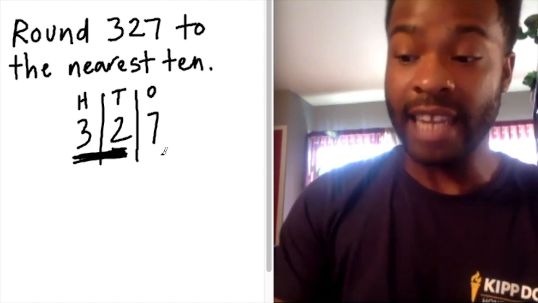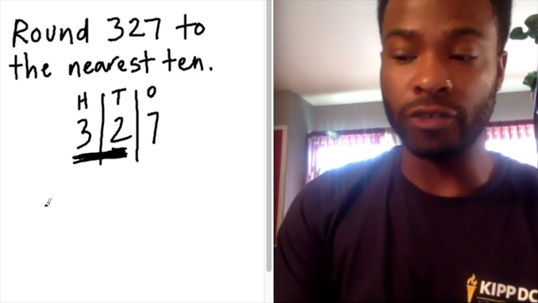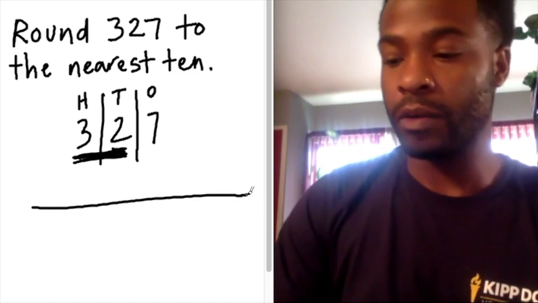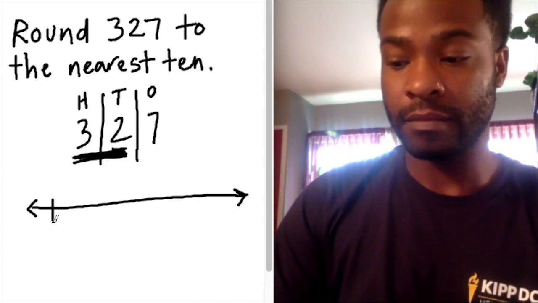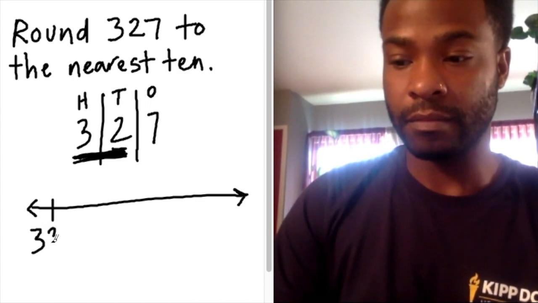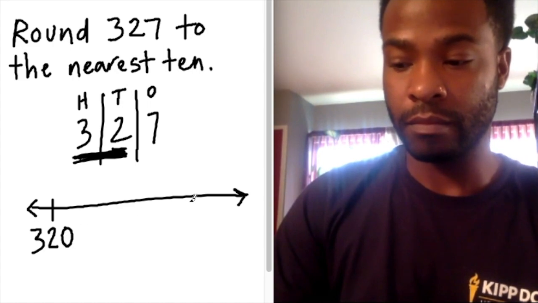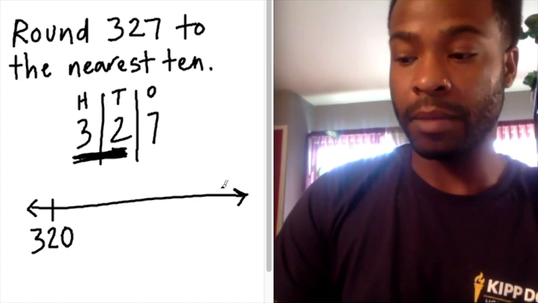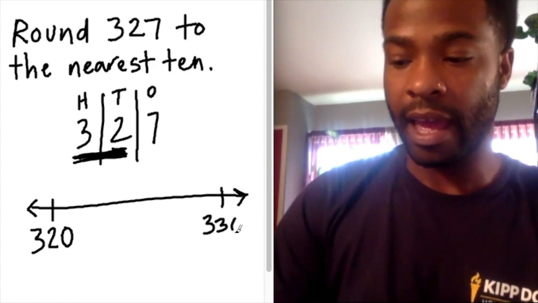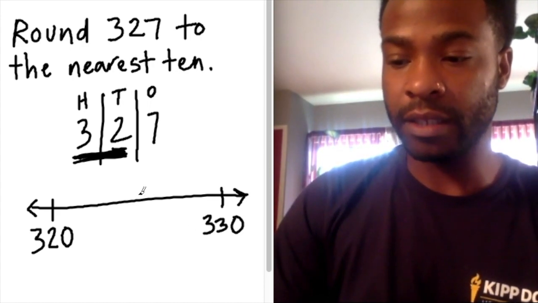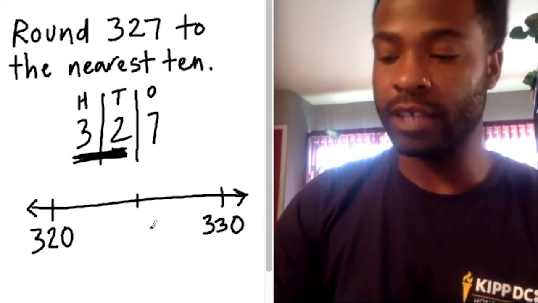Now, my last step is I'm going to draw my number line. I have 320. That's the 32 tens. My other end mark is going to be 330. And I know that in between 320 and 330 is 325.